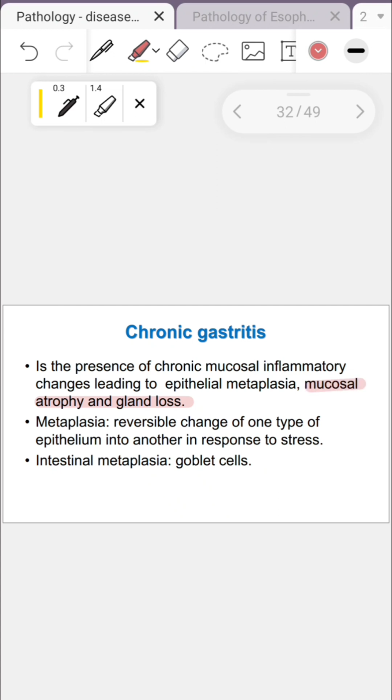The number of the glands will be diminished، نسميه glandular atrophy، after years. So the wall will be thinning, with glandular loss, and associated also with intestinal metaplasia.